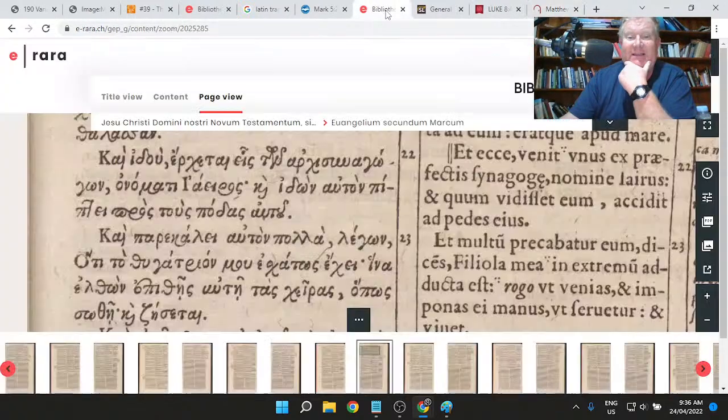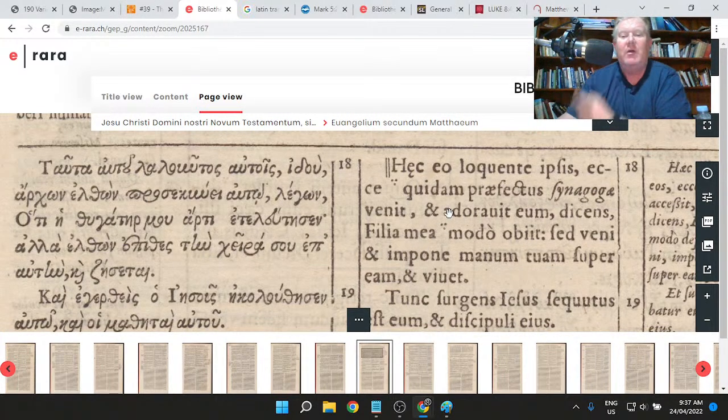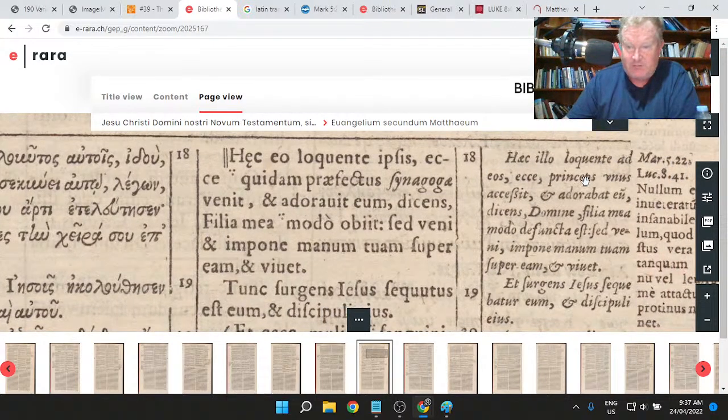And he's put it in italics. The italics there show that he doesn't think it's in the Greek. If you just follow the Greek, that's fine. This is his own Bible translation into Latin. And so we see, the synagogue is not there.